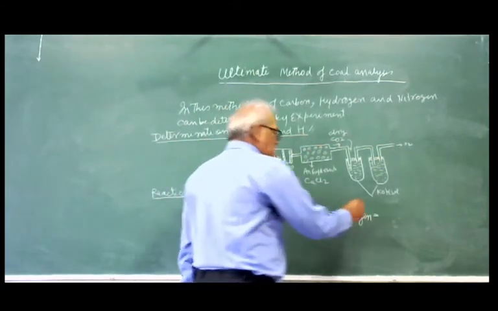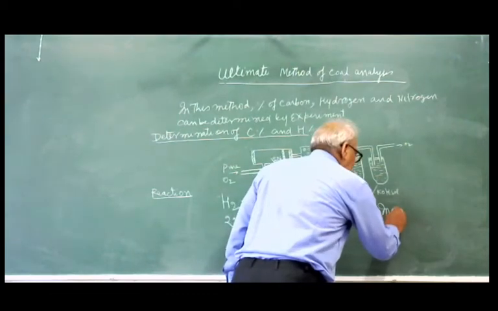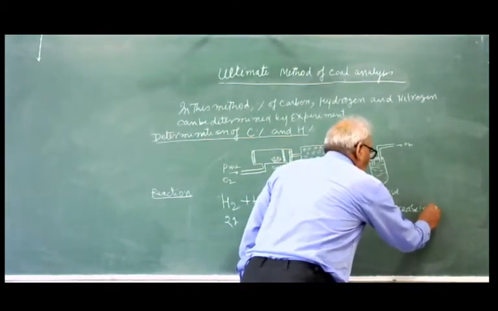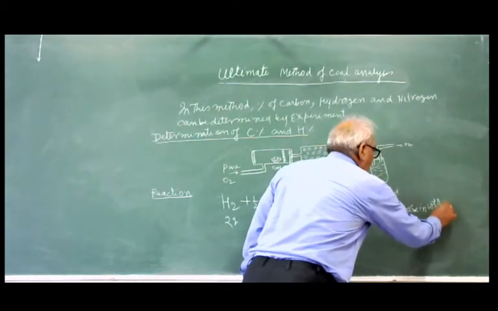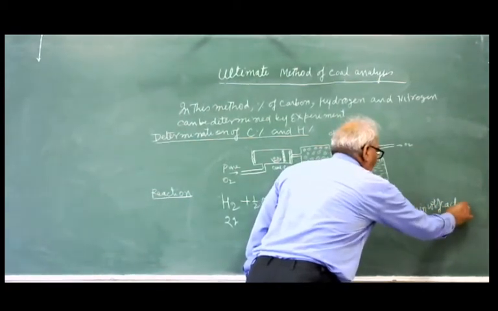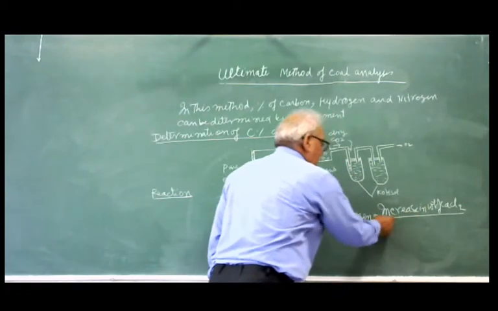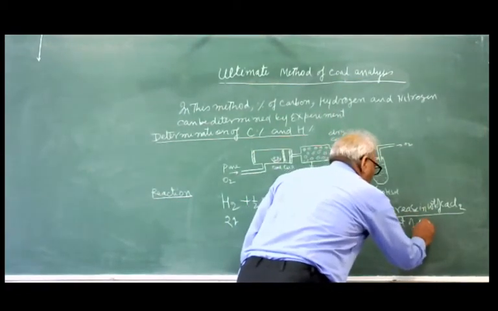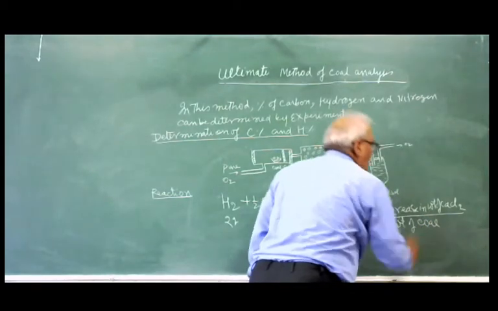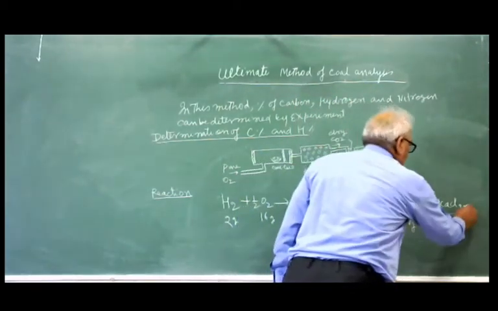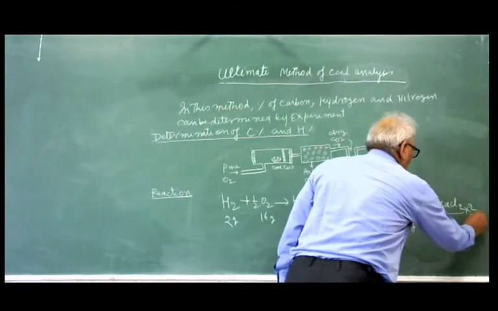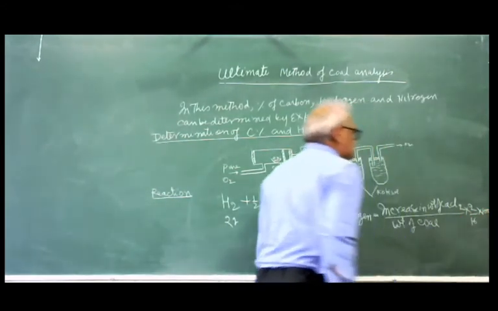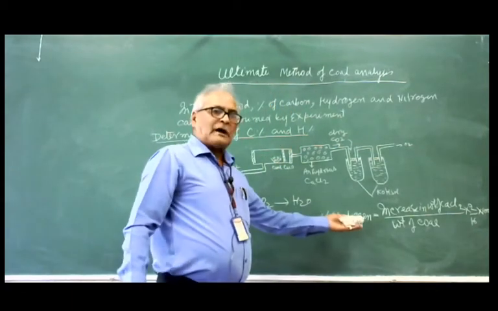So you will write here the increase in weight of calcium chloride divided by weight of coal, multiplied by 2 upon 16, multiplied by 100. This is the formula.